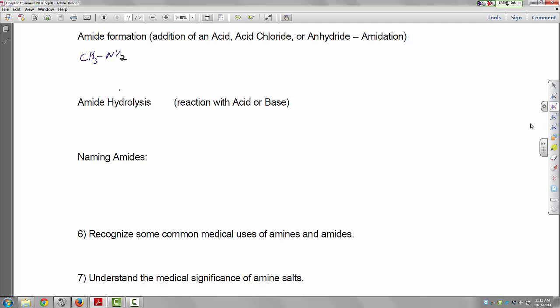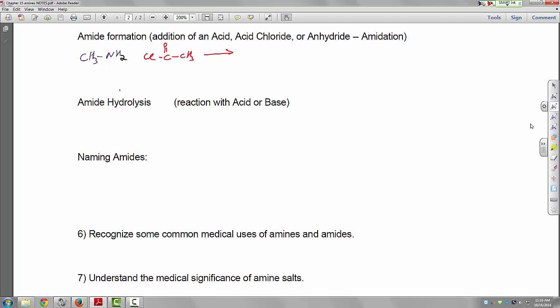And for starters, I'm just going to use an acid chloride. And I'm going to draw the chloride in a slightly different fashion, so kind of backwards maybe.